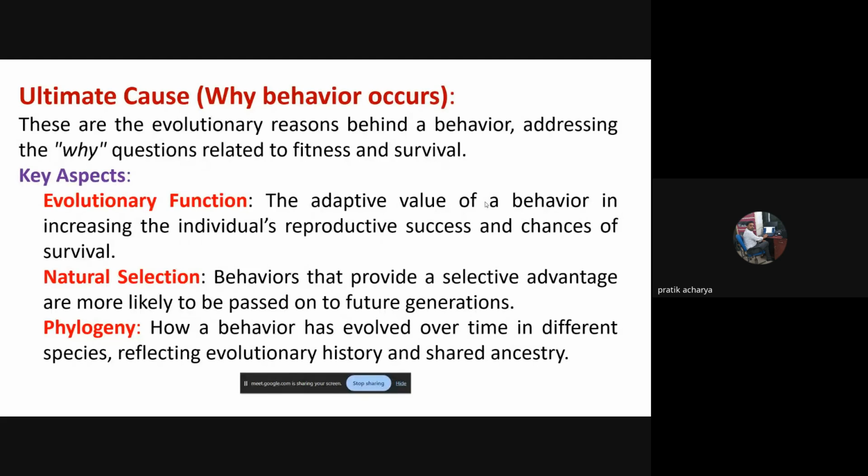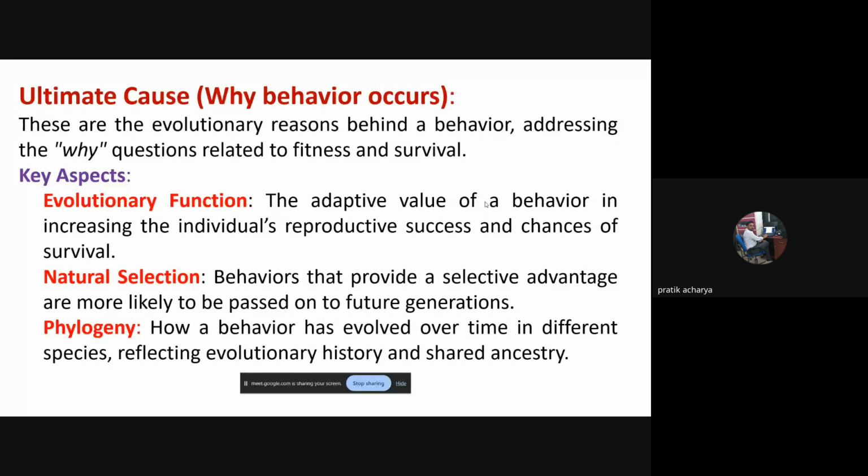So all organisms have an inherent desire to produce more offspring, whatever condition was provided by Darwin in his theory, that organisms have enormous fertilization capacity. That is the first aspect, evolutionary function. The second is natural selection. It's very well known to all. Natural selection theory actually explains what? Here the selective advantage.